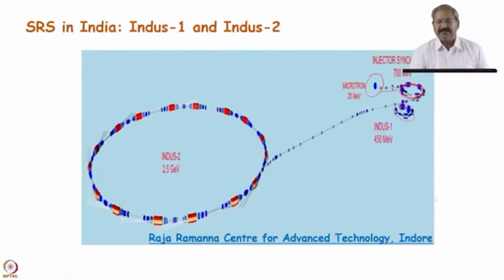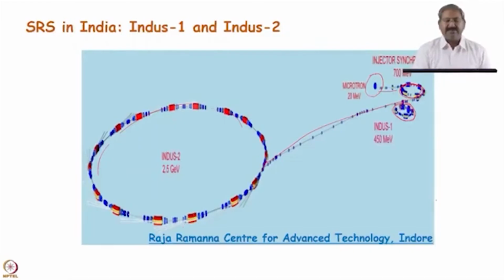This is the Indus 1 storage ring, and this is the Indus 2 storage ring, this bigger one. So this Indus 1 storage ring is a small synchrotron radiation source, and its operating beam energy is 450 MeV, so the emitted radiation is in the soft X-rays. And this is a bigger machine, Indus 2, with a 2.5 GeV beam energy inside this ring, and it is producing harder X-rays for experimentalists or users.